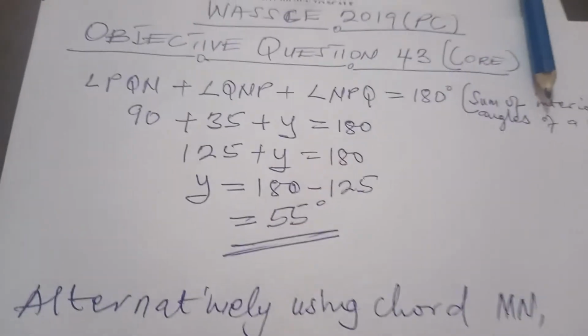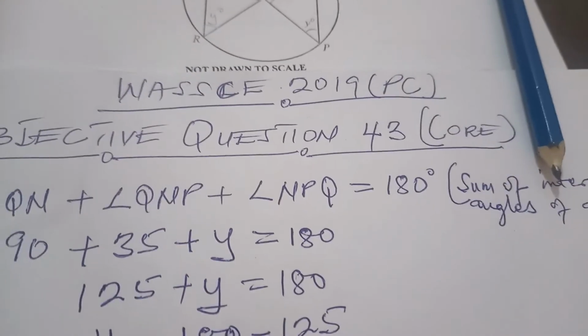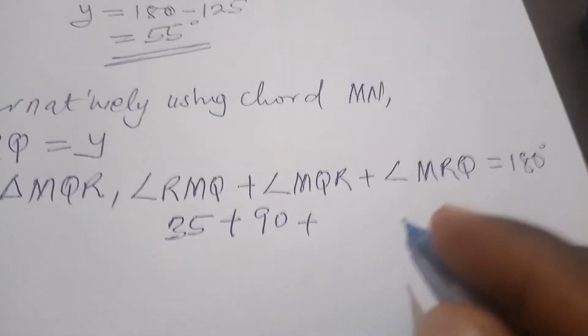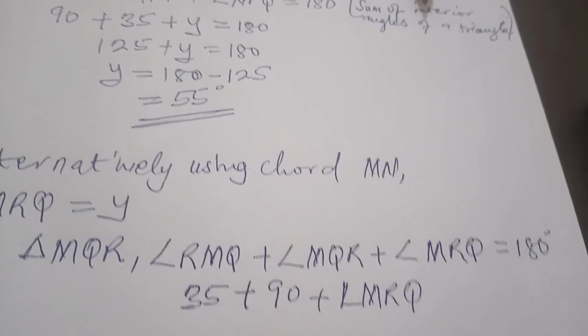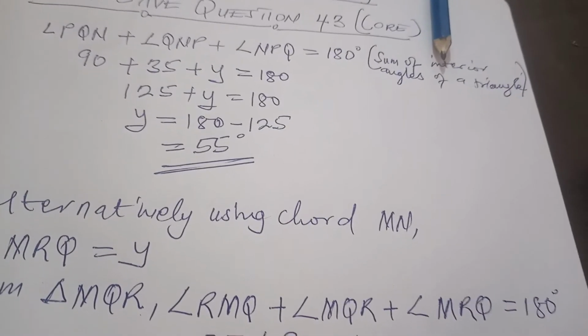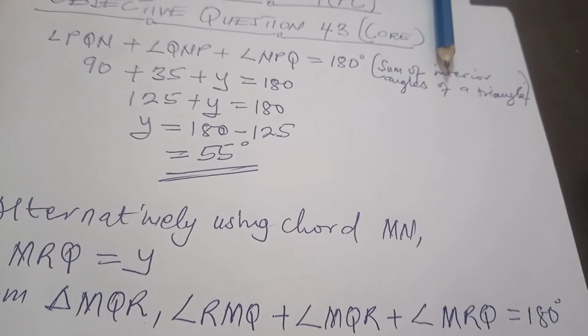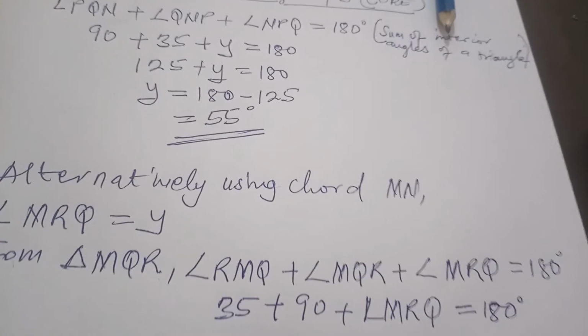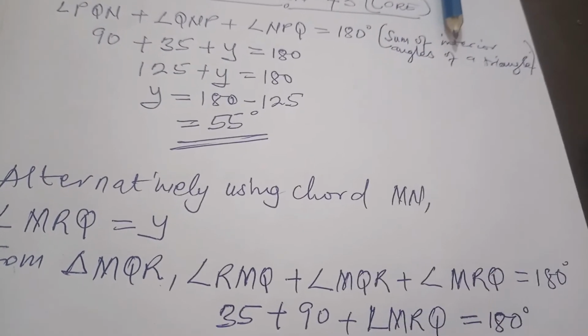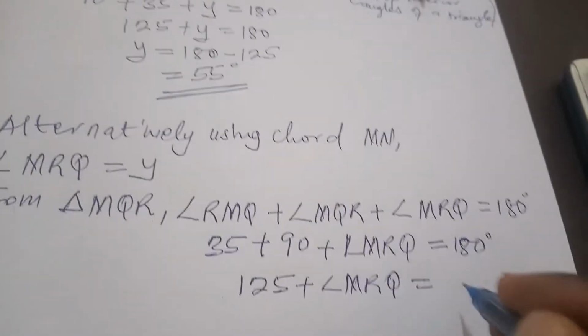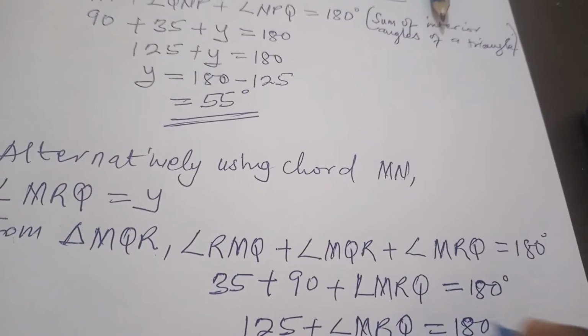So you write out 35 plus angle MQR. MQR from the diagram is 90 degrees. And then plus our angle MRQ, which is the angle we are looking for, should give us 180 degrees. So 35 plus 90 is 125 plus angle MRQ. That should give us 180 degrees.